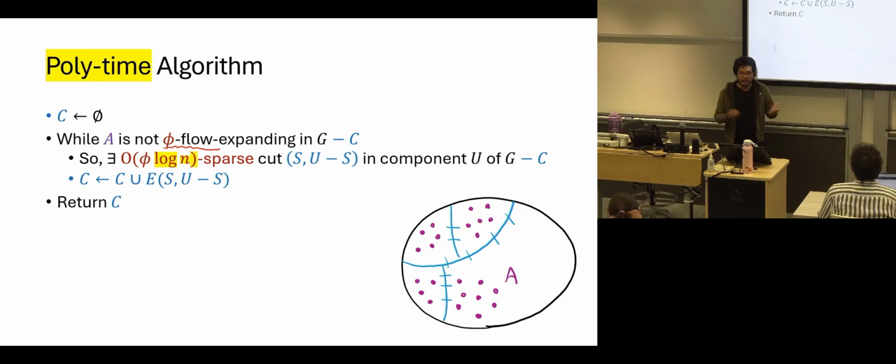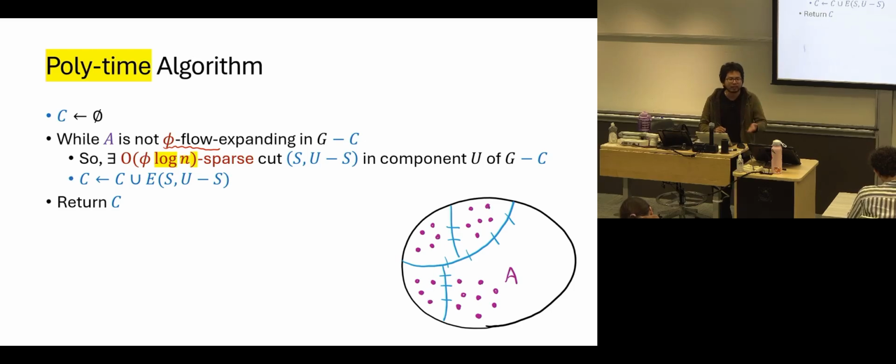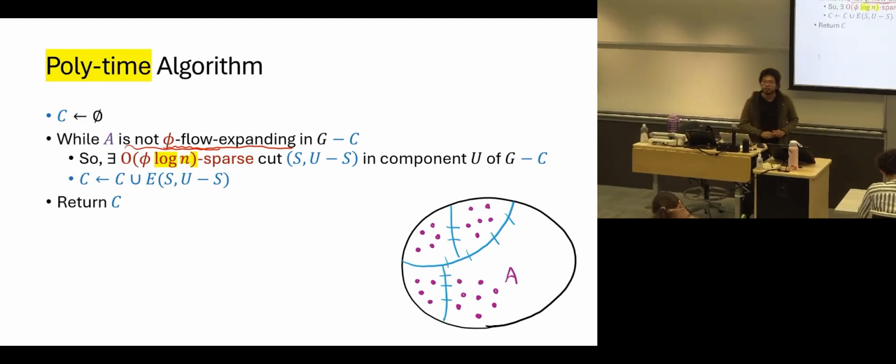That is something you have seen before: checking if some demand is routable with low congestion can be modeled as a linear program. A linear program you can solve in poly time, so this is something you can check in poly time.